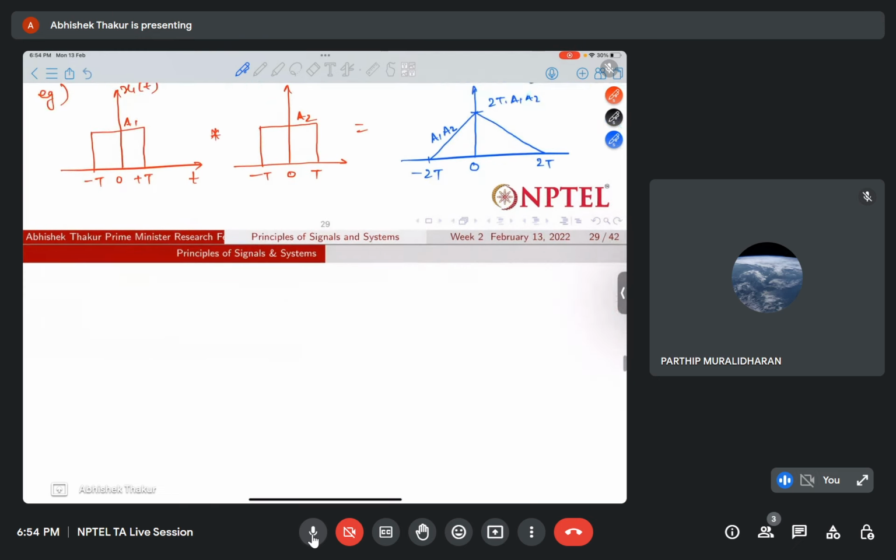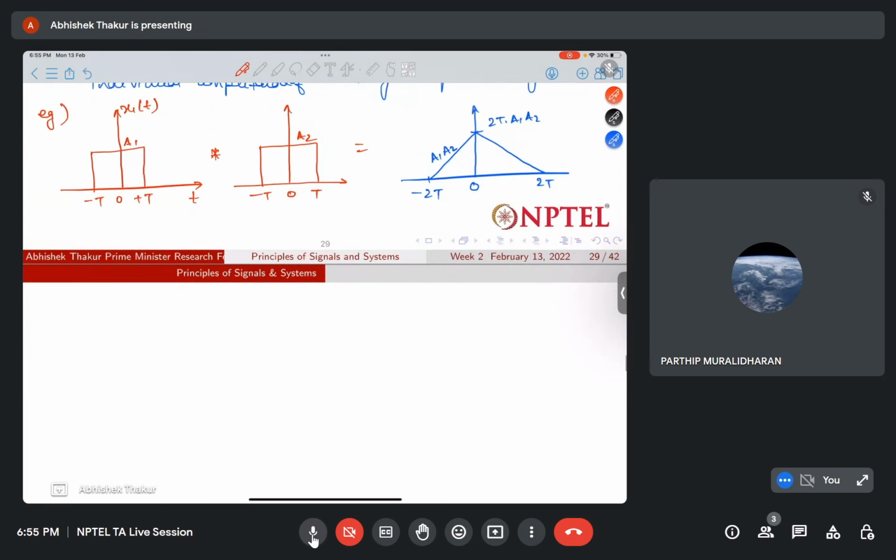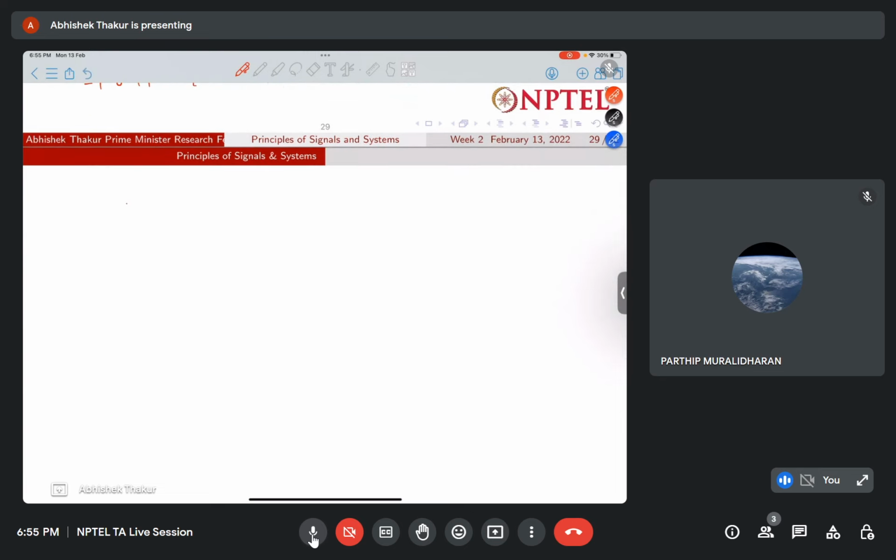Then we will solve the last question for today's lecture. This was for equal width, where both pulses have equal width. Now, if both pulses have unequal width, let's suppose this is our x(t), the amplitude this time is A1 and the width is from 0 to T1.